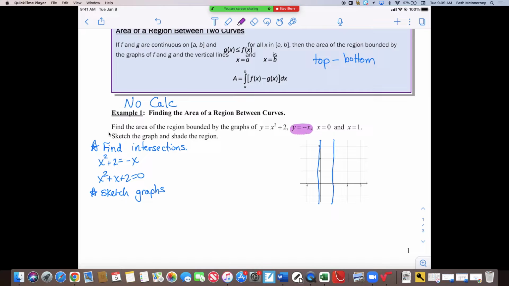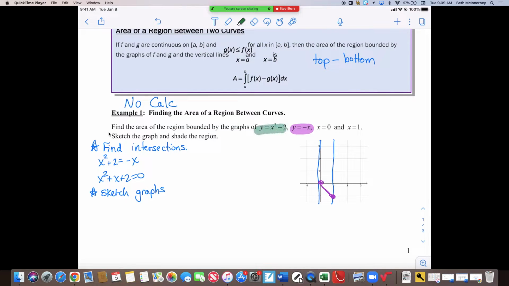So let's do y equals negative x. That's 0, 0. And then if I plug in x is 1, isn't y negative 1? And I only want this line from x equals 0 to x equals 1. So I don't need to draw the whole line because I only want this small region.